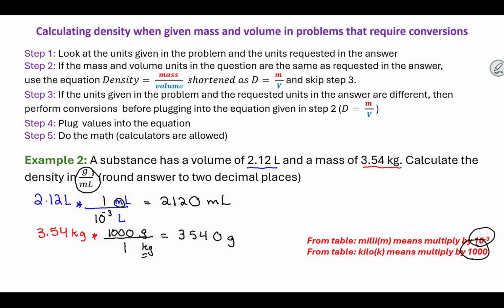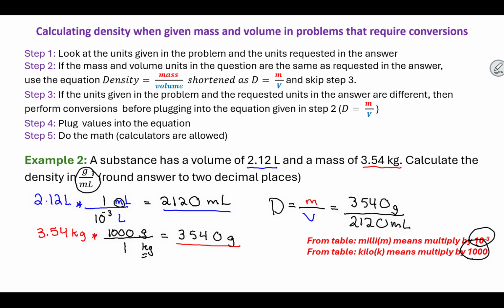So here we have our volume in milliliters and our mass in grams, and they're in the correct units. So we can just plug into the density equation. So density equals our mass divided by our volume, and that equals 3540 grams divided by 2120 milliliters.